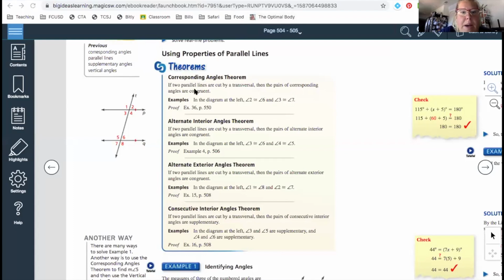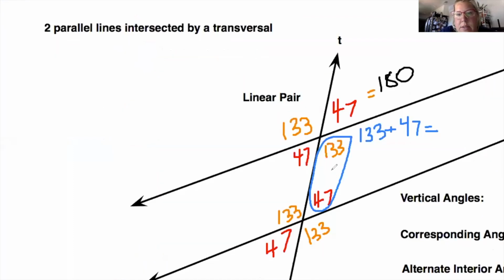What do we know about supplementary angles? Supplementary angles add up to 180 degrees. Did we not just prove that you add up these two angles, 133 plus 47 is equal to 180? Same on this side, 180.